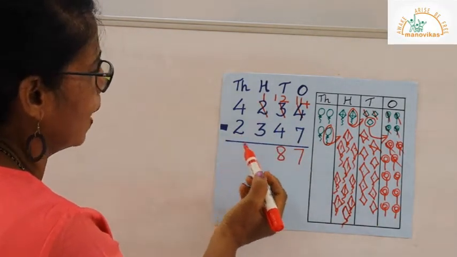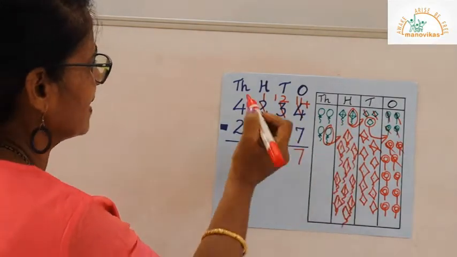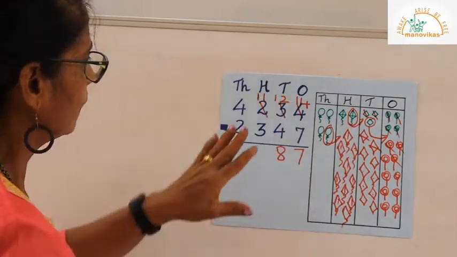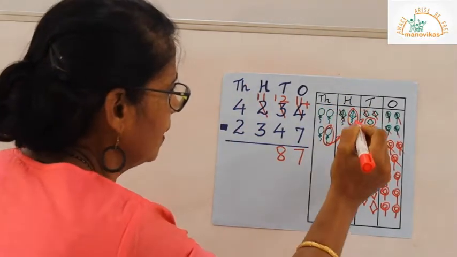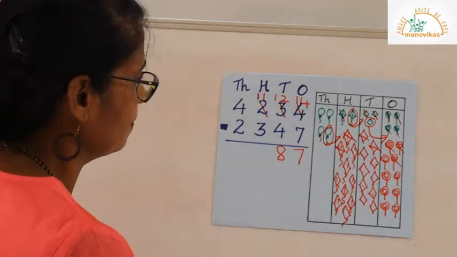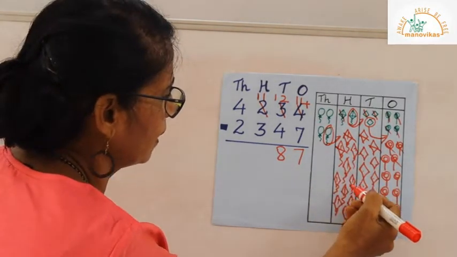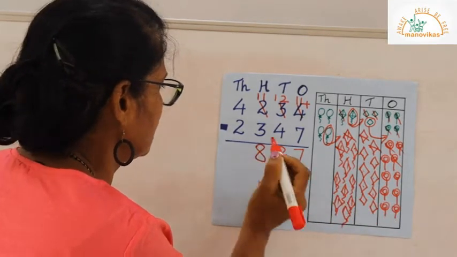So we have number 1 and now 1 plus 10 makes 11. We have to take 3 from 11. So let's take 1, 2, 3. Let's see what is the number that we get. 1, 2, 3, 4, 5, 6, 7, 8. We get another 8 here.